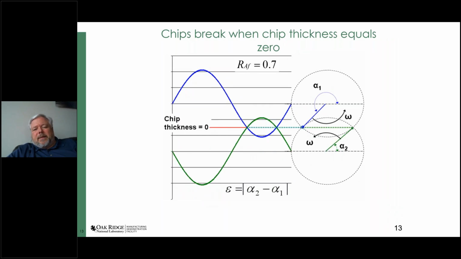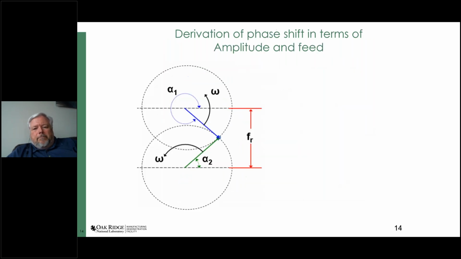You can see the alignment here. Blue is the first pass around the workpiece and green is the next pass. And so in this condition, I'm cutting all out in this area, and then there's a small area where I'm not cutting, and then a big area where I'm cutting, and then a small area where I'm not cutting, and so on.